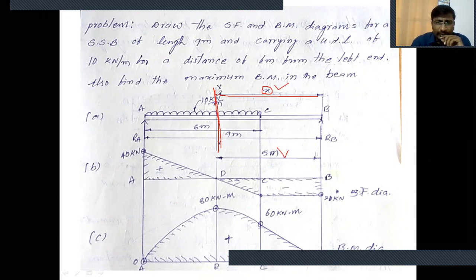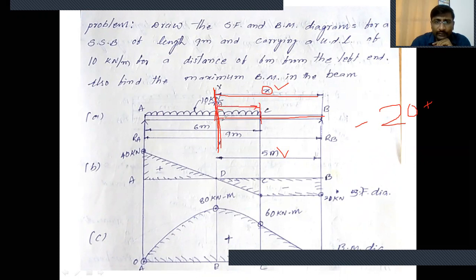So what is the shear force equation at XX? The shear force is the total of the forces acting on the right side. RB is in the upward direction, negative. RB value is 20, so minus 20. Clear, students? Minus 20 plus the load is also there: the UDL from this point to this point, which is 10 kilonewton per meter.